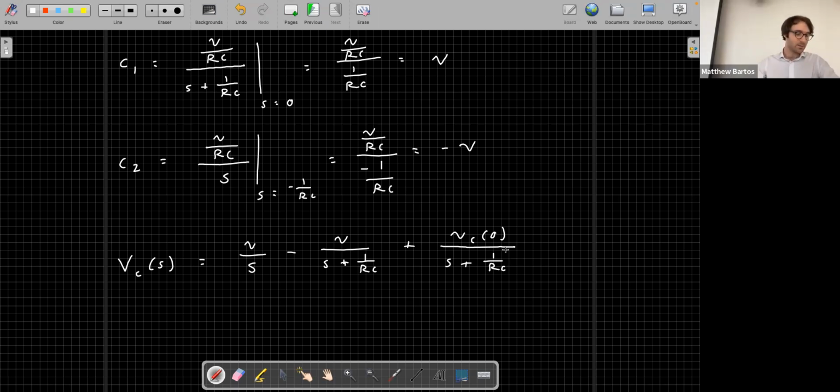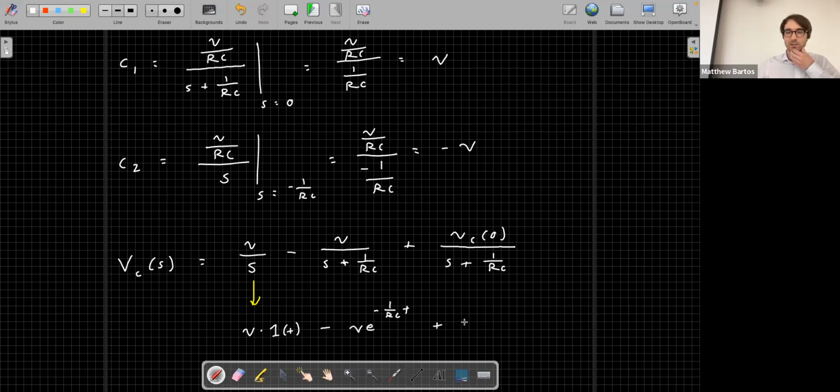All right, cool. So let's take the inverse Laplace transform and let's see if you can do it from memory here. What will this term here, V over S, become? Right, it'll just become V. I'll just write V times the step function. This here will become the exponential term, so V e to the -1 over RC t.